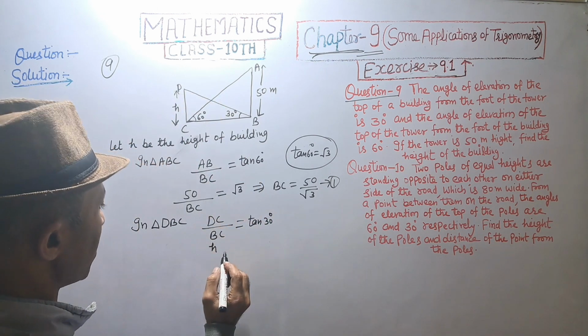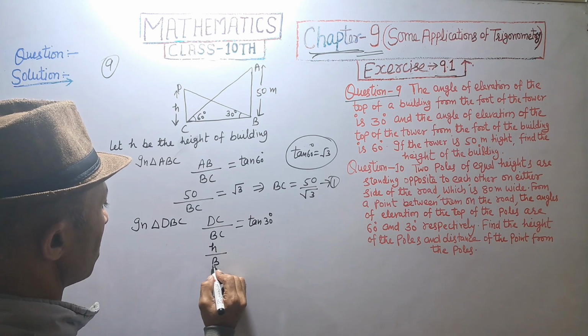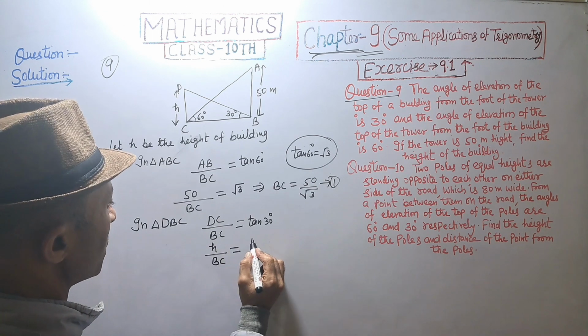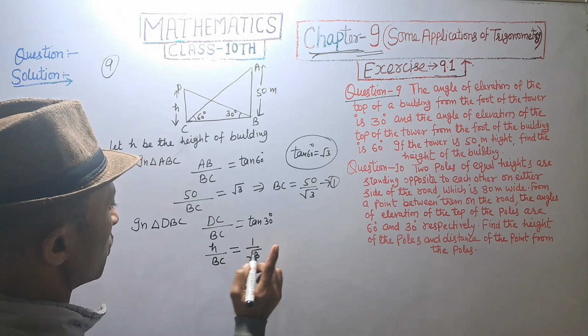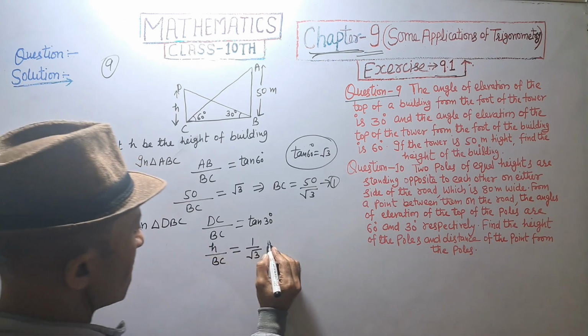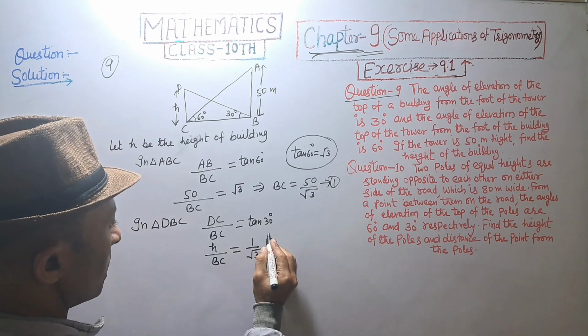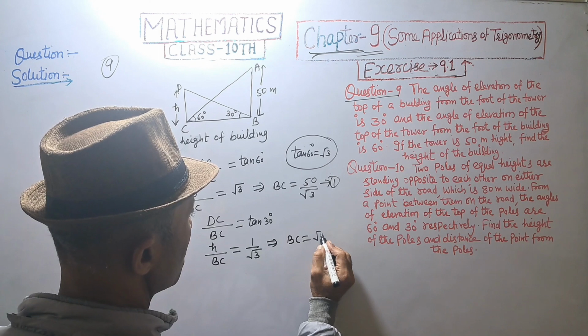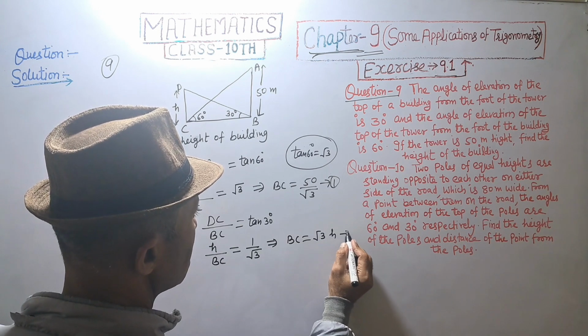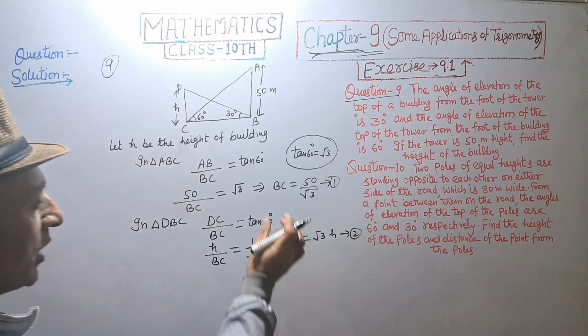We want to find H. H upon BC is equal to tangent 30 degrees, 1 upon root 3. This implies BC is equal to root 3 H. It's equation number second.